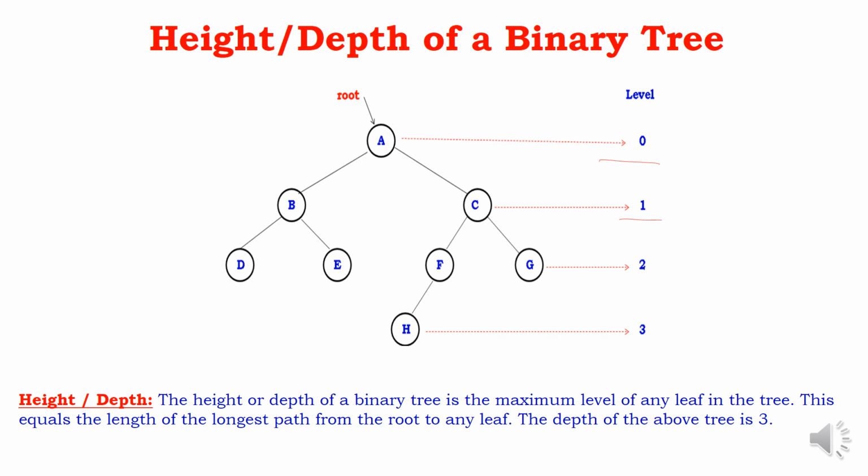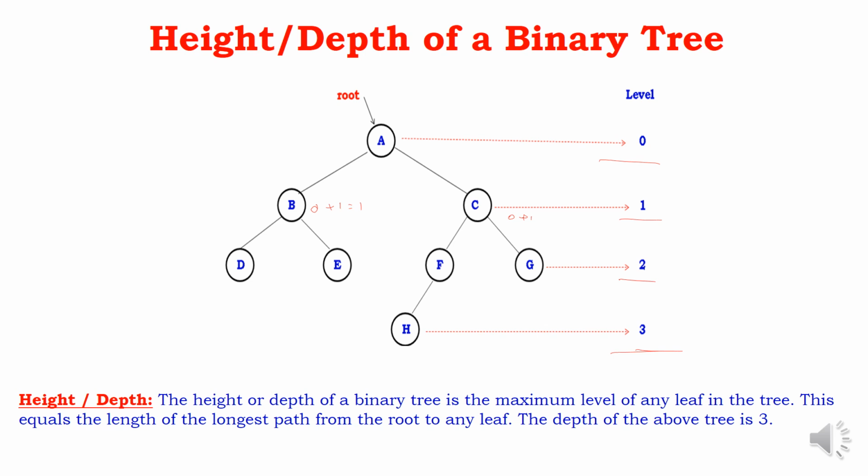Parent is A, level 0, so 0 plus 1 is 1. The same for C. Level of D, E, F, G is 2. Level of H is 3, because it is 1 more than its parent's level. Parent is F, F's level is 2, and 2 plus 1 is 3.